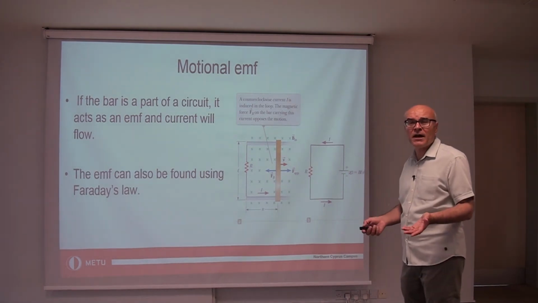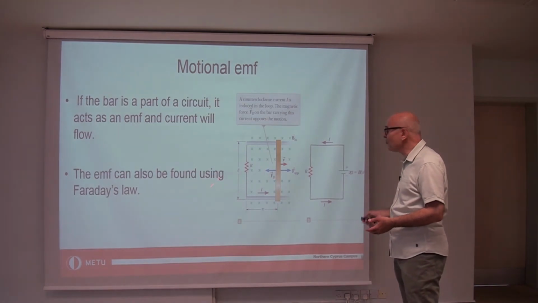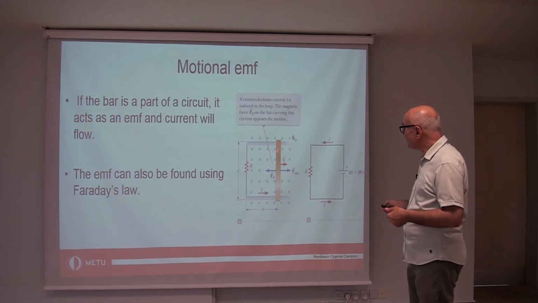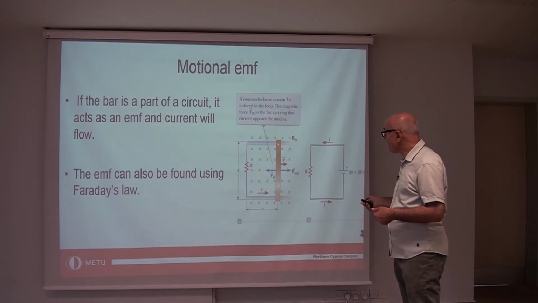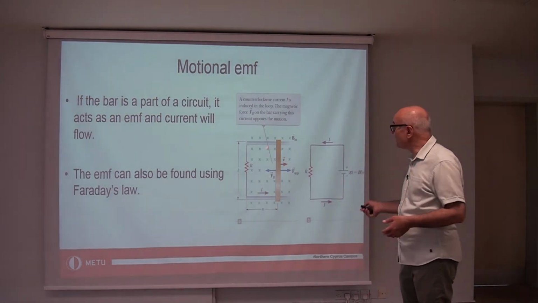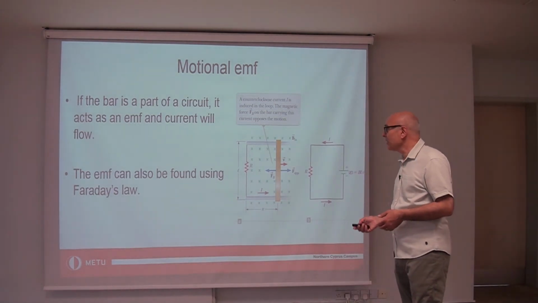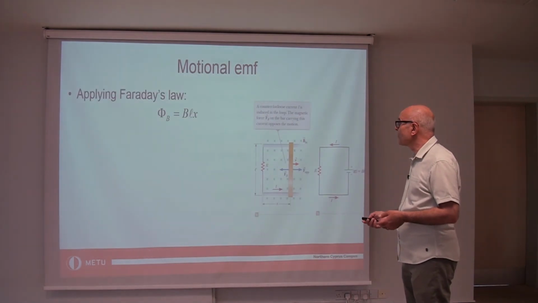So we can apply Faraday's law to find the electromotive force generated in the loop, and we will see that it is nothing but BLV, the potential difference that was generated across this bar even in the absence of the remainder of the circuit.